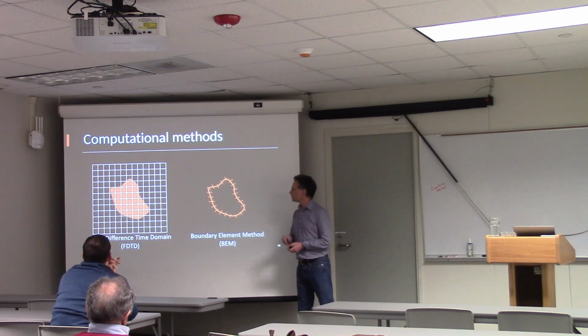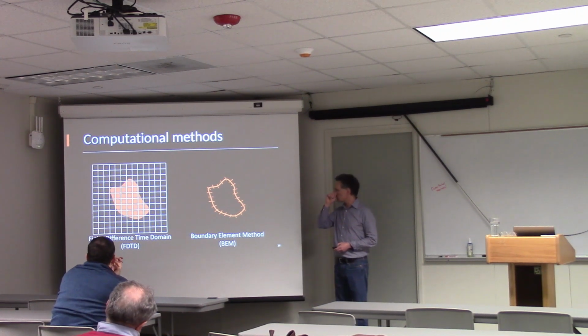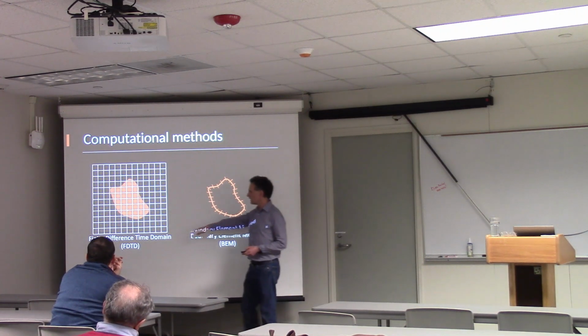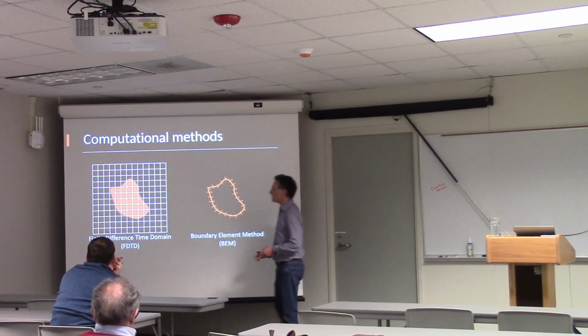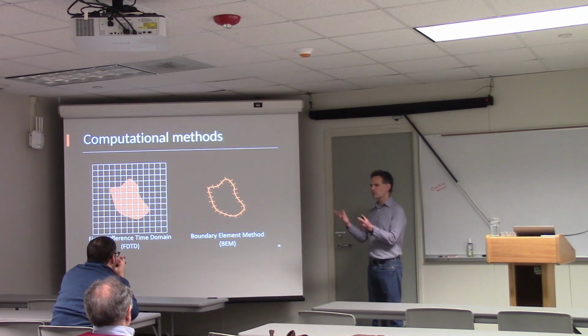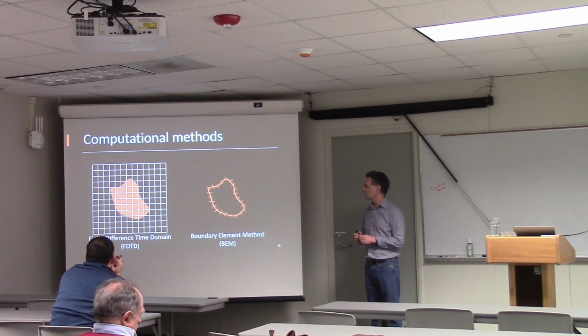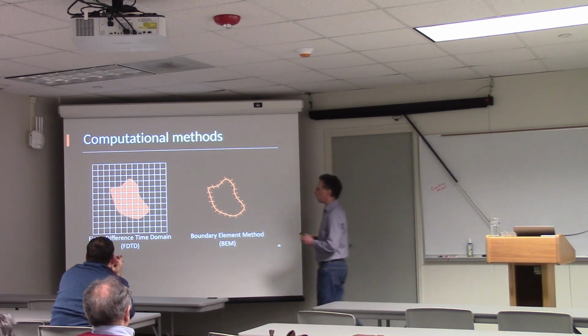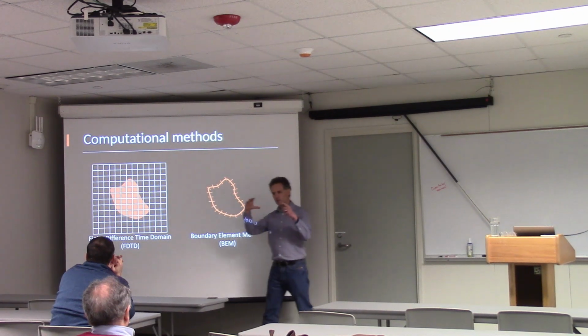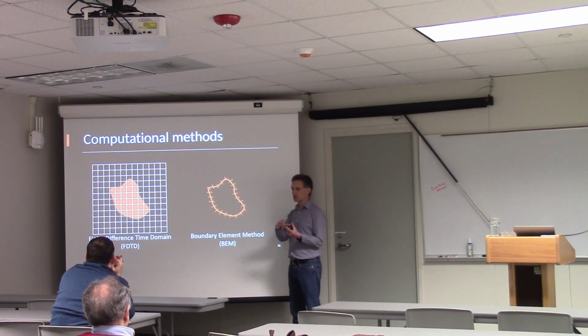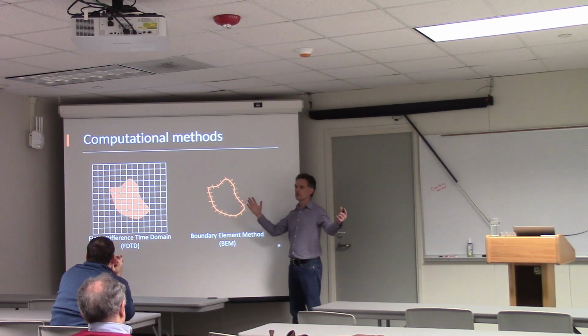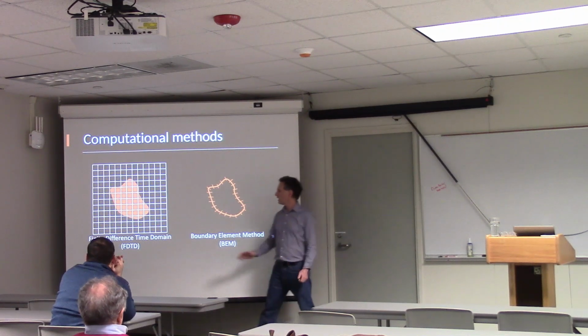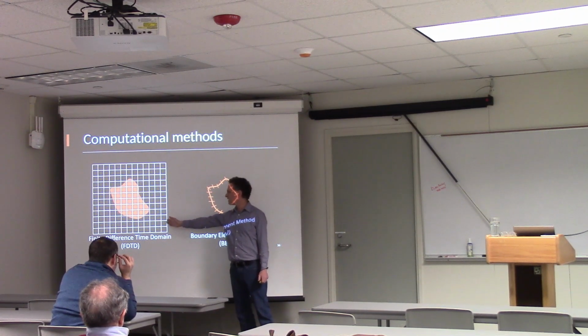A couple of different approaches that are widely used for this are FDTD, the finite difference time domain method, which looks at the problem and observes that you can make a really nice finite difference discretization of it. It's a great algorithm, but it really needs to be applied at smaller scales than the ones we're interested in, where the domain is not so many wavelengths across, because the problem scales really badly.